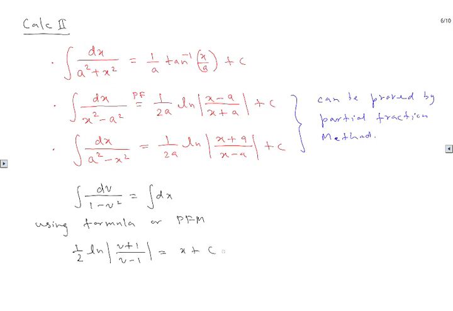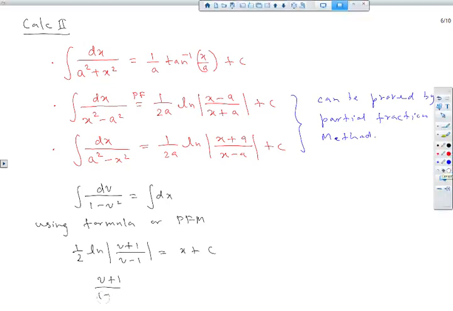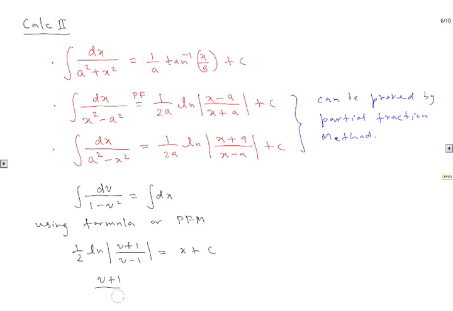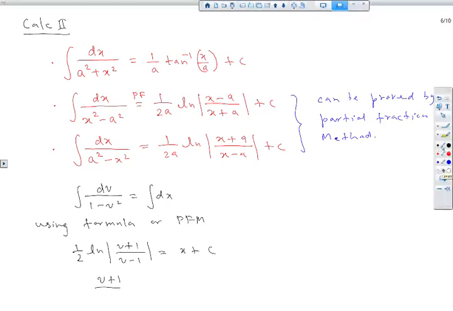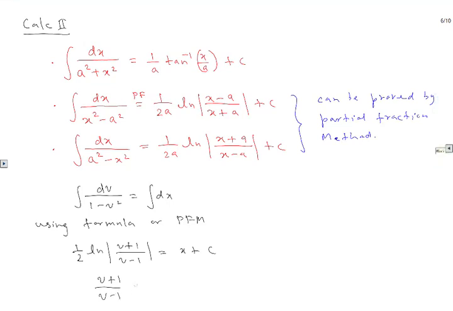Now we can write this in log form. So v plus 1 over v minus 1 equals, we remove the absolute sign, so plus or minus e to the, first we multiply by 2, so we're going to get 2x plus 2c, because you multiply by 2 first and then write the exponential form.